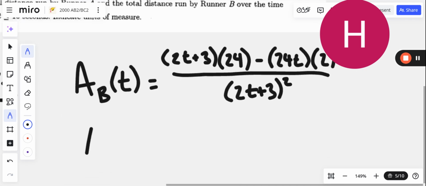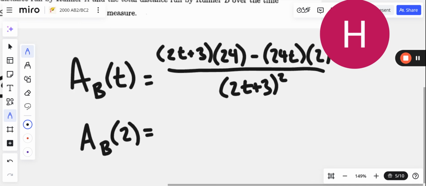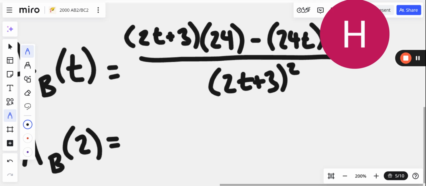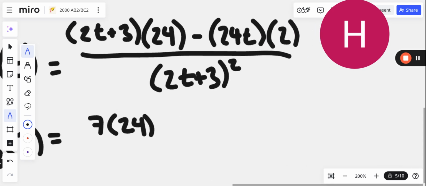So if I want to plug in 2, I don't really need to simplify all of that. I can just plug 2 in directly. Should be fine. So we're going to have 2 times 2 is 4 plus 3 is 7, times 24, minus 24 times 2 times 2. That's 4 times 24.